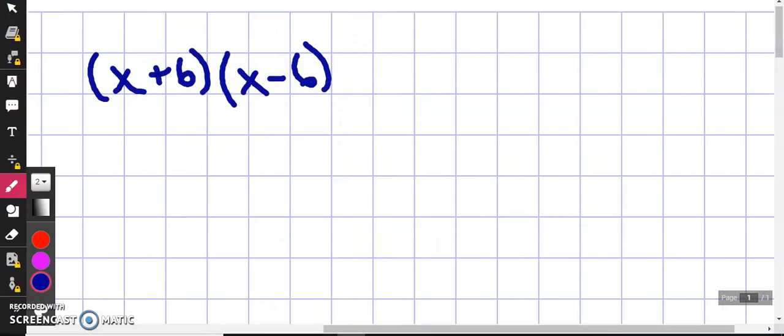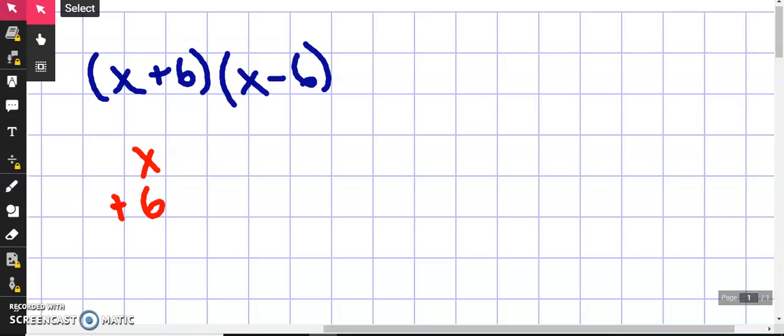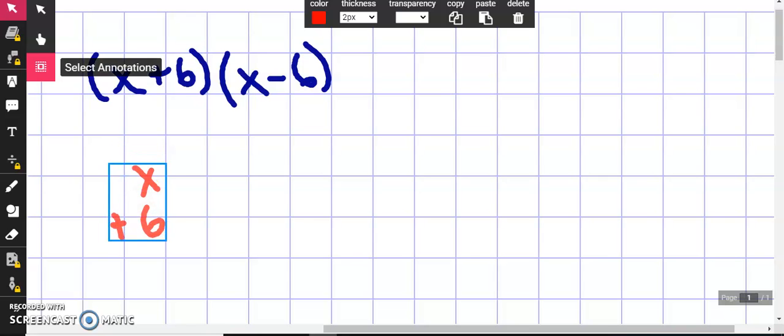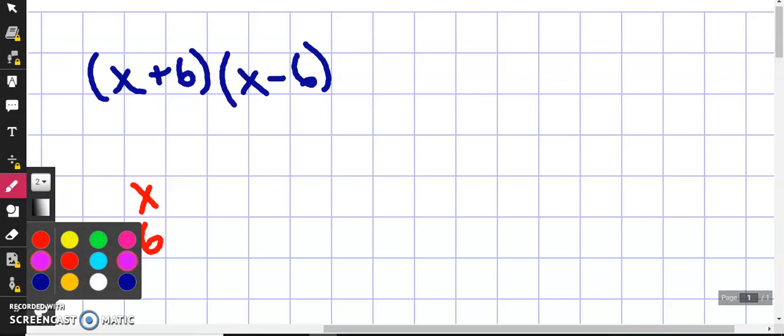All right, so for our second example, we're going to look at x plus 6 times x minus 6. So once again, I'm going to take whatever the first set is and write it going vertically. And then I'm going to take whatever the second set is and write it horizontally.